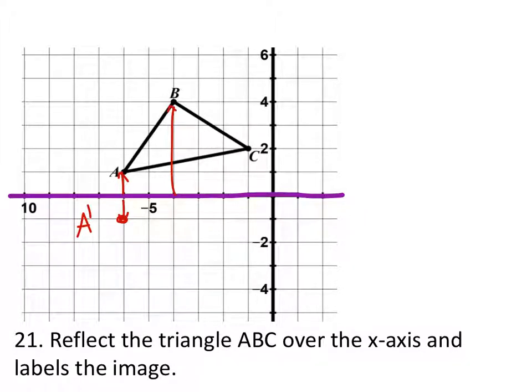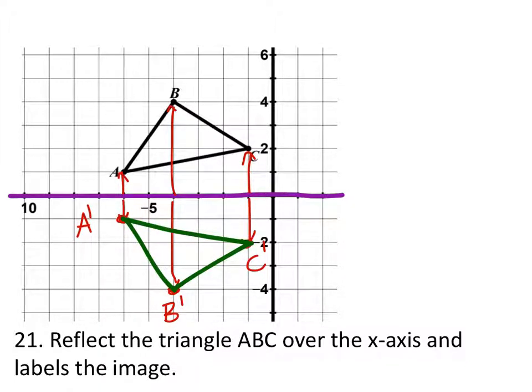B, which is 4 up from that line of reflection, so we'll go 4 down, and that would be the point B prime. C is 2 up, so C prime should be 2 down from that line of reflection. So we'll connect these in order to make the actual reflection. And there it is, the reflection.